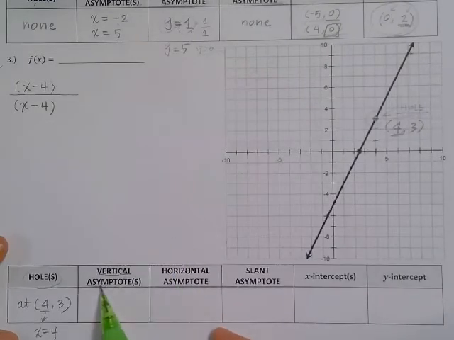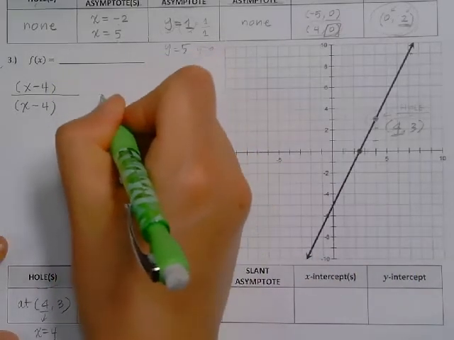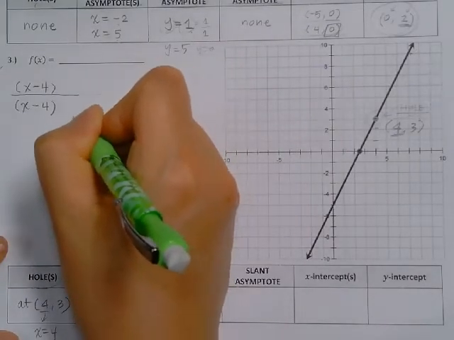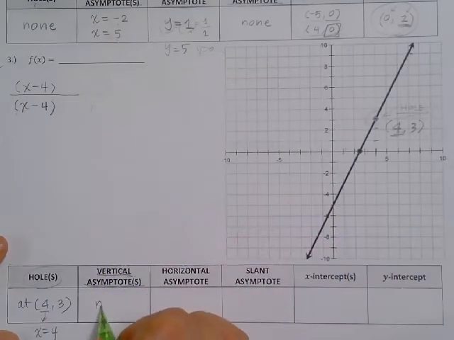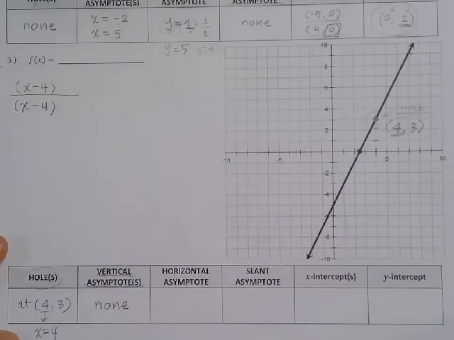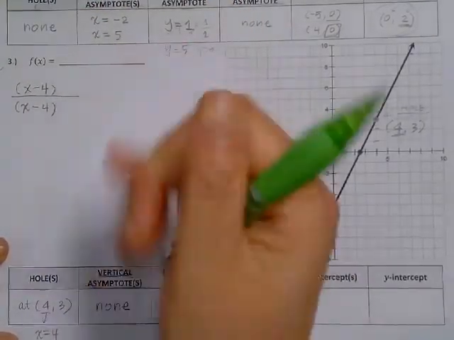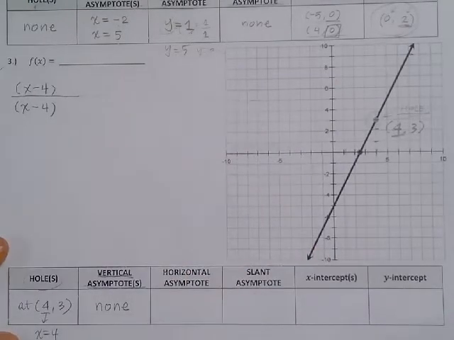Do I have any asymptote, vertical asymptote? I do not. So then I would not have an additional factor that serves the vertical asymptote for this case. So it's no vertical asymptote. I do not have to add any further factor on the denominator side.